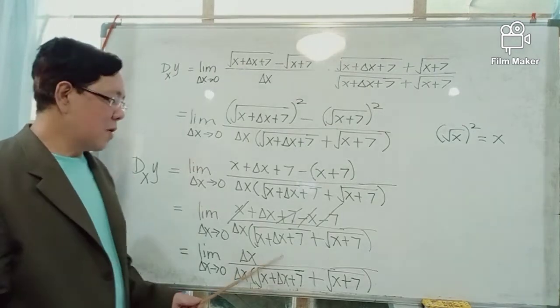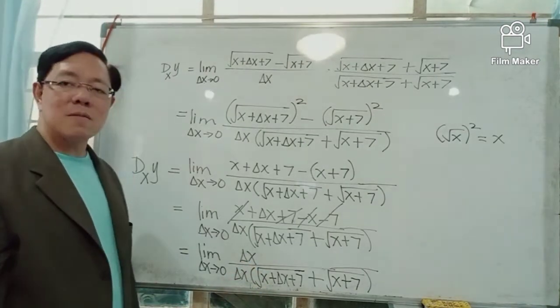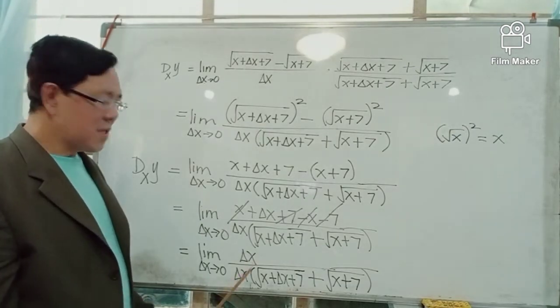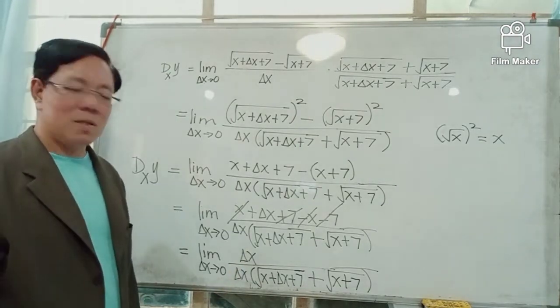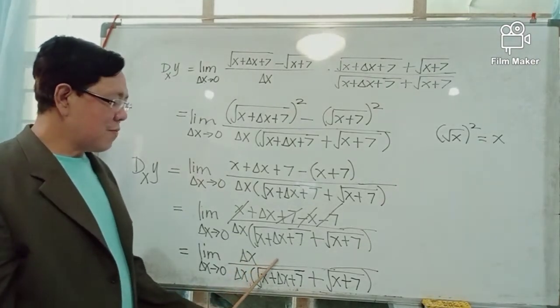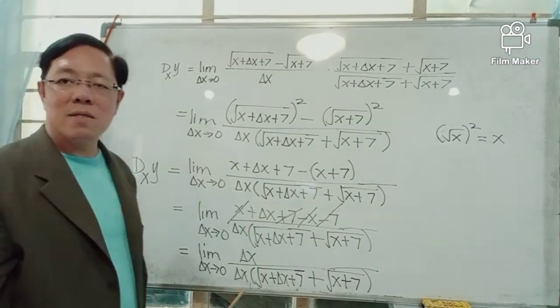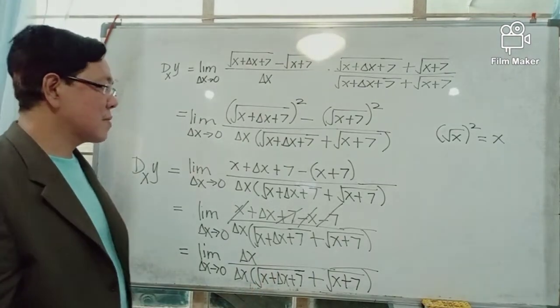But you can see from here that there is delta x in the numerator and in the denominator, and their quotient is 1. Delta x divided by delta x is 1. So what is left if we cancel out delta x from the numerator and the denominator will be 1 in the numerator.